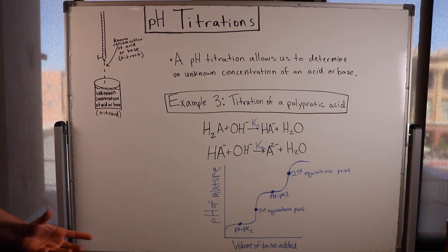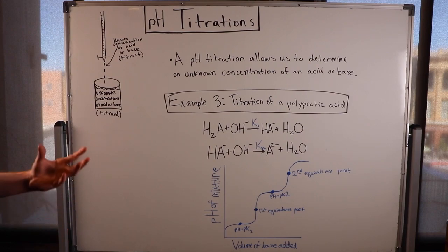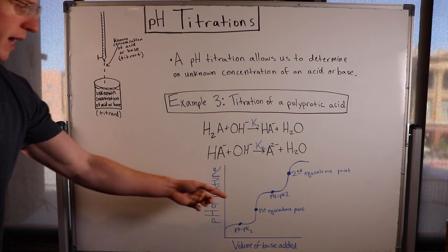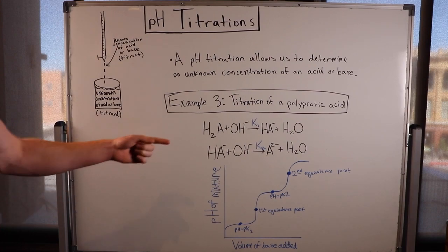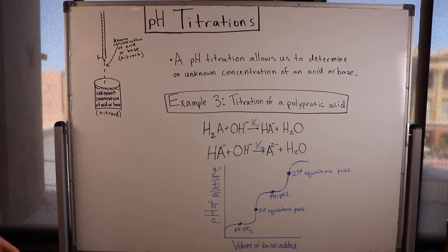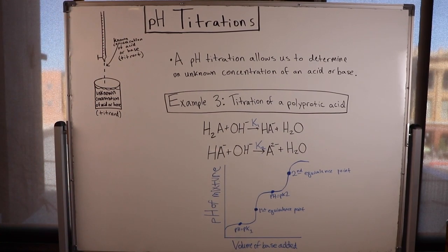So you can see here that this kind of looks like 2 titration curves stuck onto each other back to back. So that's all this is. So you can kind of see that a titration of a polyprotic acid is just like the titration of a monoprotic acid, except there are multiple curves with multiple equivalence points and multiple half equivalence points.